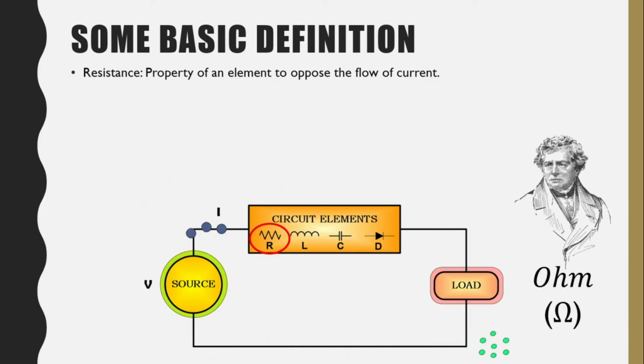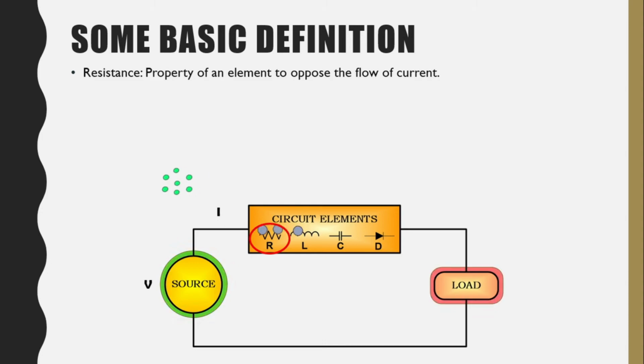After his name a unit was named ohm, and that is nothing but resistance. This resistance is the property of an element to oppose the flow of electrons. As a result, the resistance unit was named after him, ohms, and the famous formula of Ohm's law, that is V equals IR.